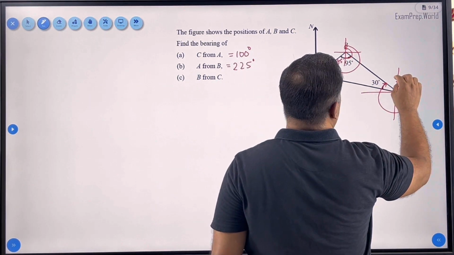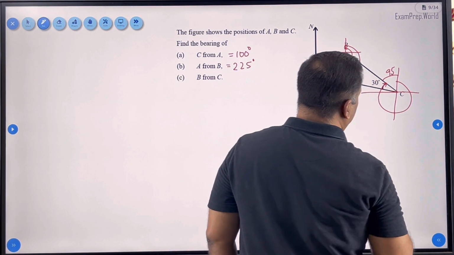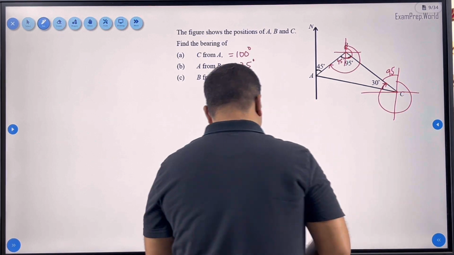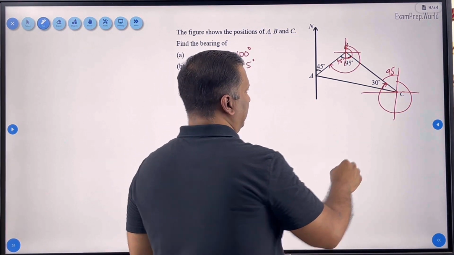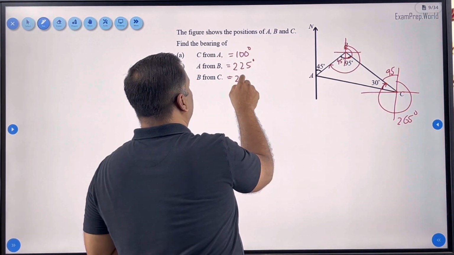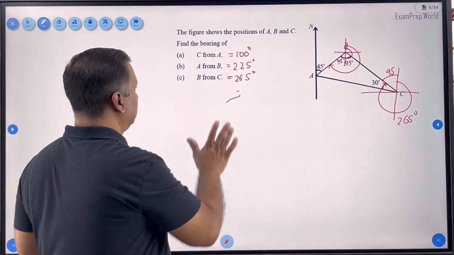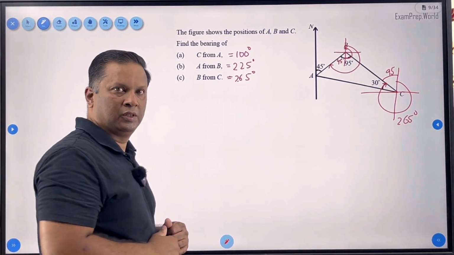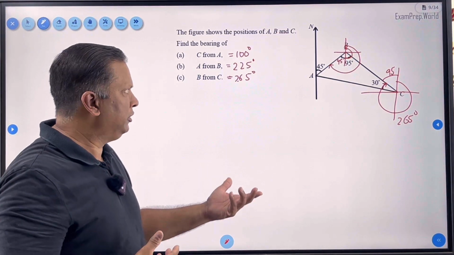And if this is 95, then 360 minus 95 is 265. 265 degrees. So the answer is 265 degrees. So all three done? You understood, right? Basic geometry, not even trigonometry here.